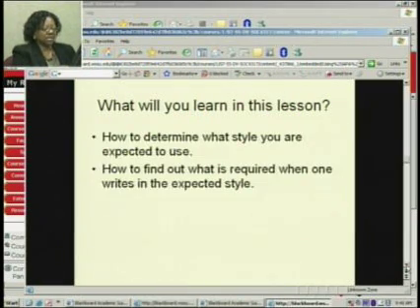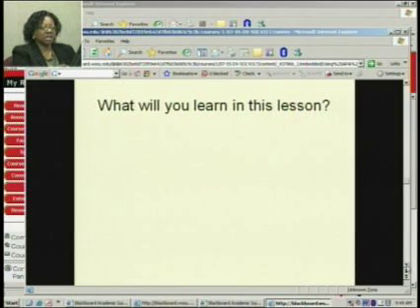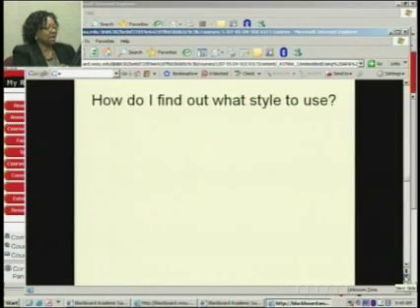So please avail yourself of the resources we have on the campus to do so. When you go through this particular lesson, you'll find that we'll give you an overview of the styles, we'll give you some references for you to check the styles, and we'll give you some information about the differences between the two, primarily the MLA and the APA. So you'll learn how to convert references from MLA to APA.